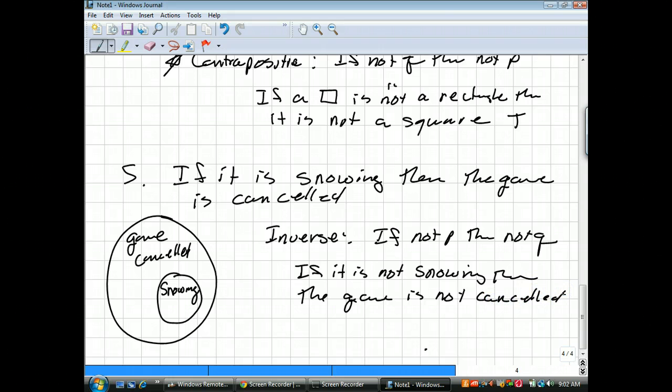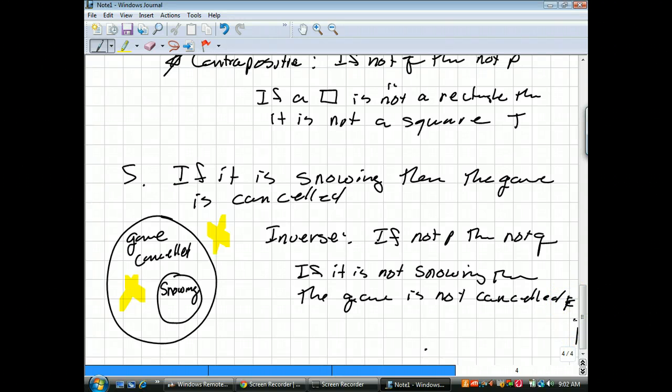Well, if it's not snowing, we could be here or we could be out here. So there's two places that we could be. So this is false. Anytime you could be two places, it's going to be false.